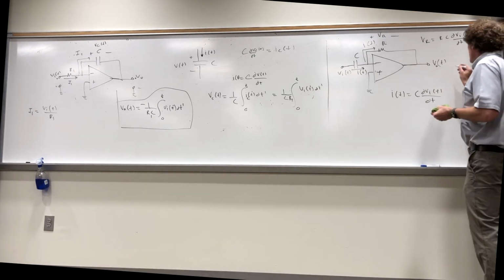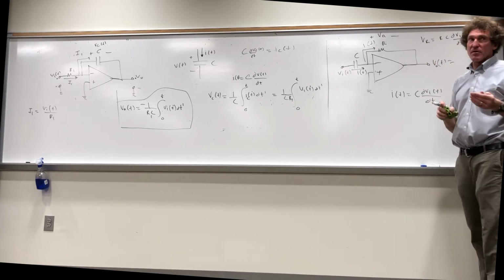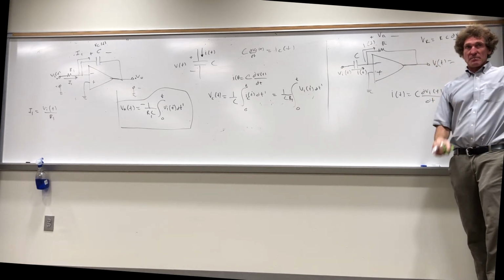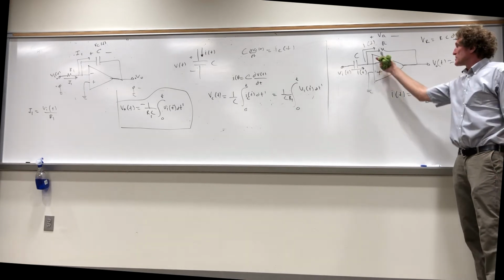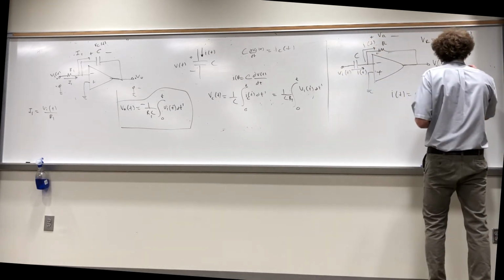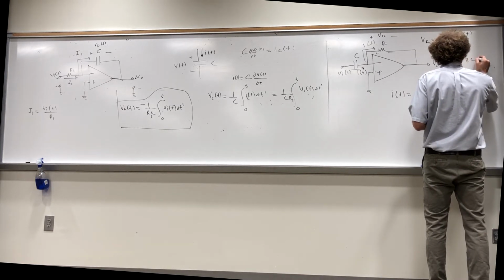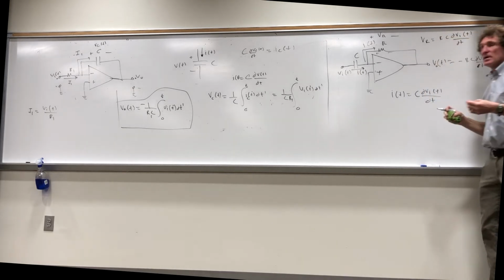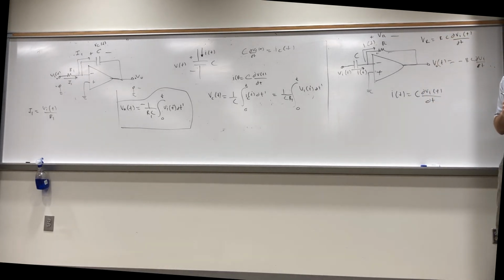Finally, what's the output voltage in terms of that voltage, VR? How many see it's minus? Right? Because from here to here, that's a voltage drop. So that's equal to minus R times C times dVi dt. And that's called a differentiator, because think about it.